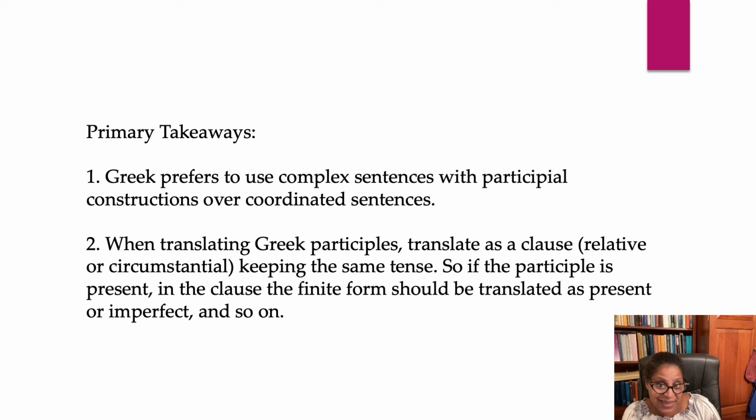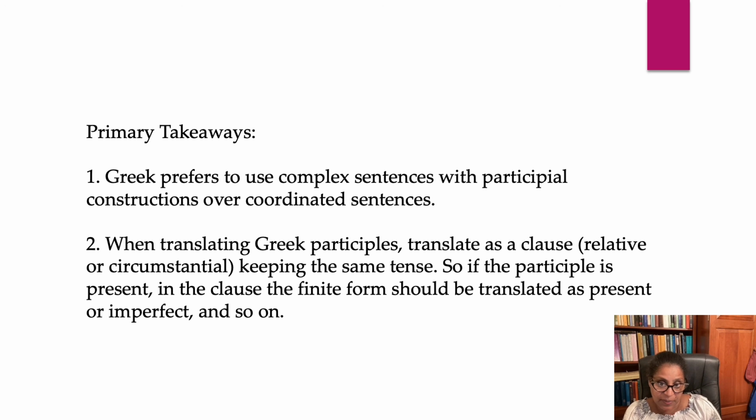If it's a past tense in the main, then in English we tend to make the circumstantial clause imperfect, right? If it's aorist, then you have it as an aorist in that circumstantial clause. If it's a future, you have it future, etc. So the participle takes on the tense in its circumstantial clause that it had in its participle form.